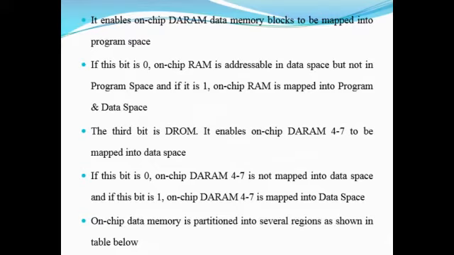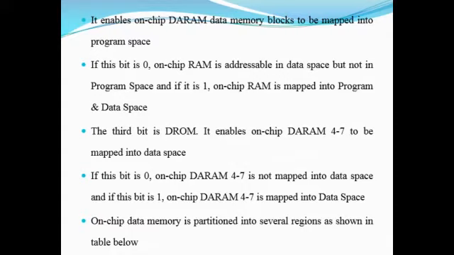What it does is enable the on-chip DRAM to be mapped into the data space. The DRAM bits we consider here are from 4 to 7, that is the signals on pin number 4, pin number 5, pin number 6 and pin number 7. So the third bit is for the on-chip DRAM, so that it can be mapped into a data space.